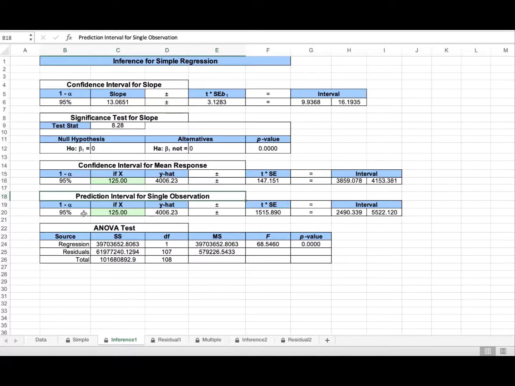Our prediction interval shows that we're 95% confident that spending for one cardholder who has an income of $125,000 should be in the range $24.90 and 34 cents up to $5,522.12. Our confidence interval, on the other hand, shows that average spending for all cardholders who report an income of $125,000 should be in the much narrower range, $38.59 and about 8 cents up to $4,153.38.